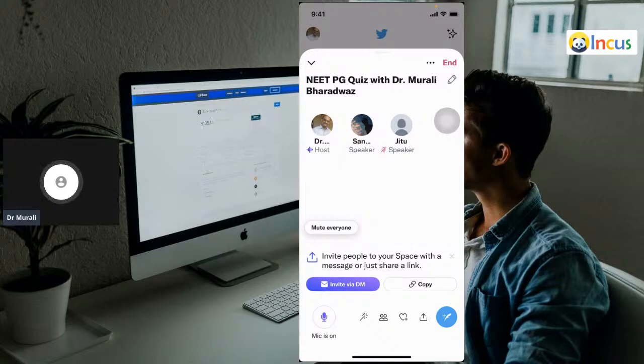You're able to get me? What is the most specific serological marker? Sir, anti-CCP. Beautiful. Anti-CCP is most specific.